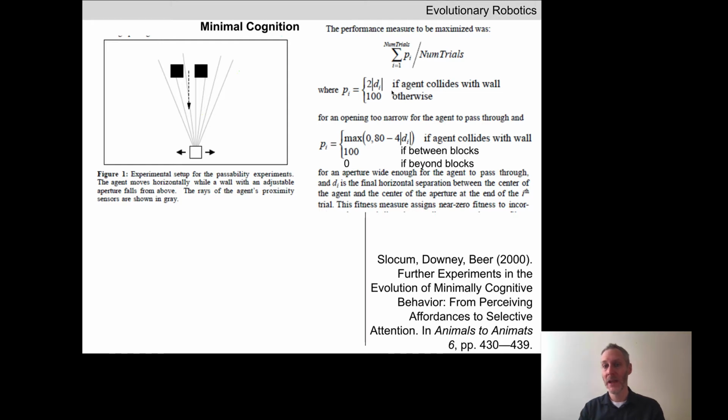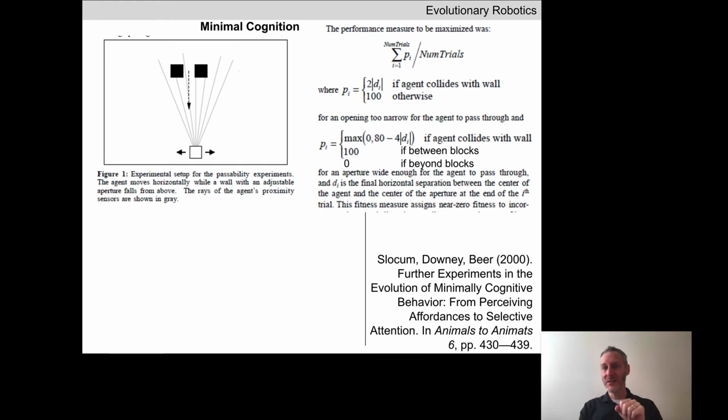100 points. If the gap is too narrow and the agent collides with the wall, we're going to give it this many points, where D sub I is the distance between the agent and the object pair when the object pair hits the ground. So D sub I is the horizontal distance between them.